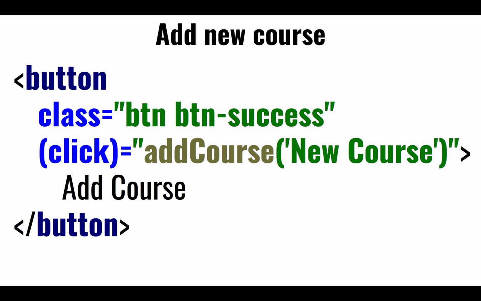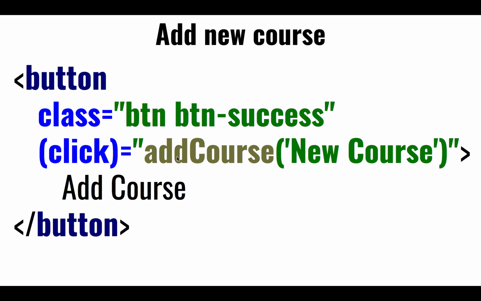Okay. Here's another example. We have a brand new button, maybe at the top of the page, that is going to do a click, and that click is going to call an event handler called addCourse, and addCourse is going to pass in as an argument a string, new course, and then the label of the button is addCourse.